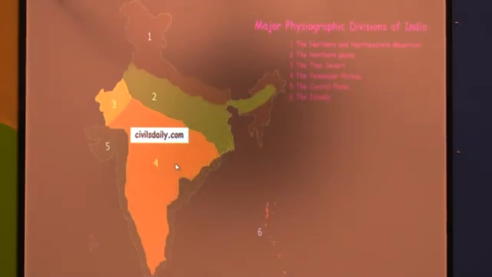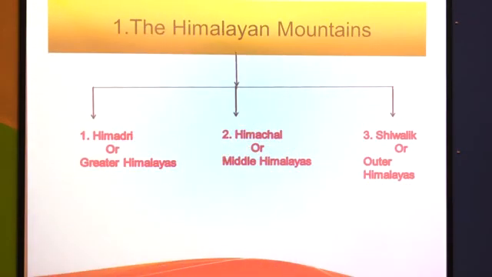So students, yesterday I introduced all these physical features to you, and we also learned about the northern Himalayan mountain range. On the basis of height, the Himalayan mountain is divided into three major sections. See here, the first, upper part of the Himalaya, has a height of more than 7,000 meters.